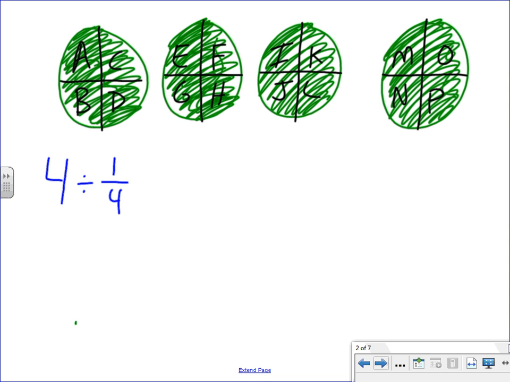So I've given 1/4 of the pizzas to every student that I have. How many students did I give pizza to? So we're really saying 4 divided up into fourths gives me how many pieces of fourths.